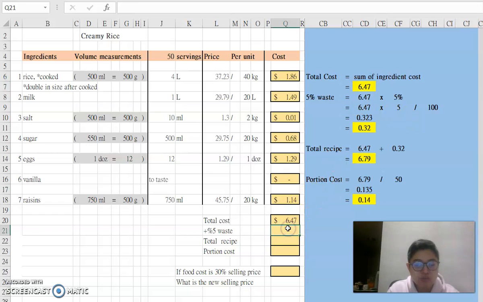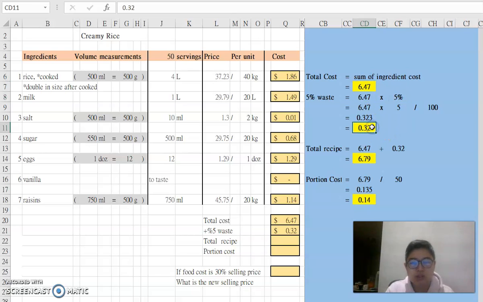And then the 5% waste, this one is equal to 6.47 times 5%. The number is 0.32, which is the same as the calculation. This is the 5% waste, which is the total cost times the percentage.